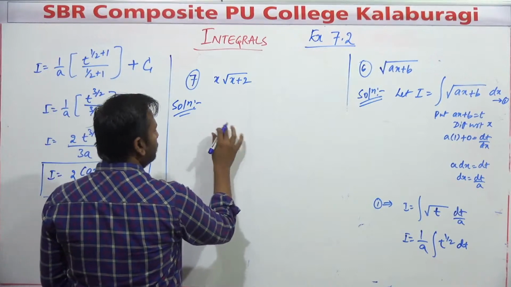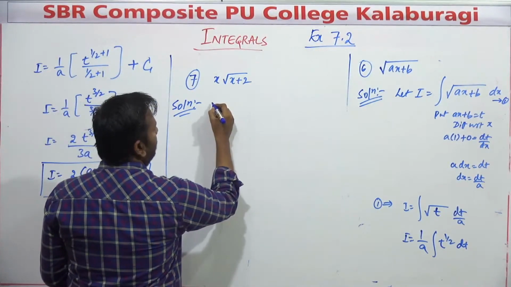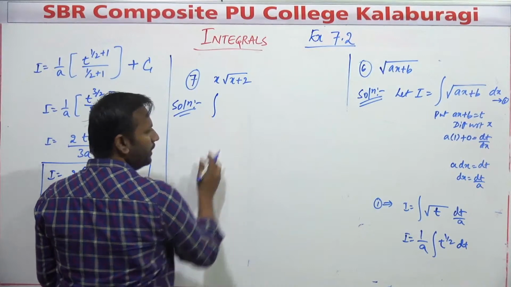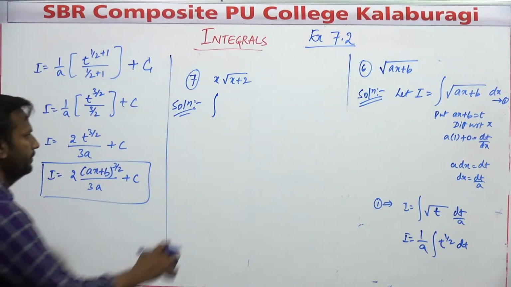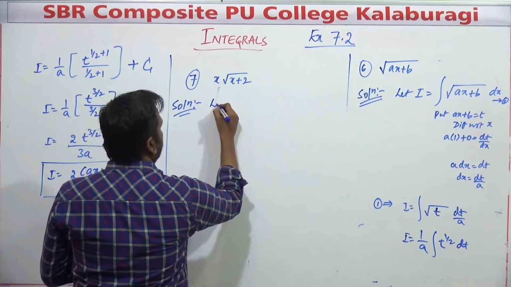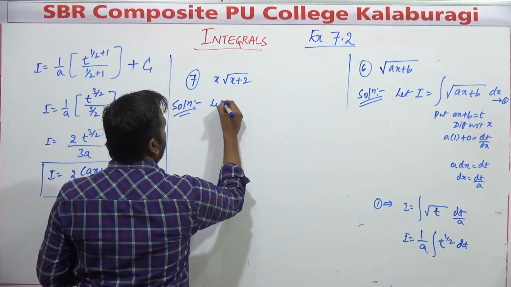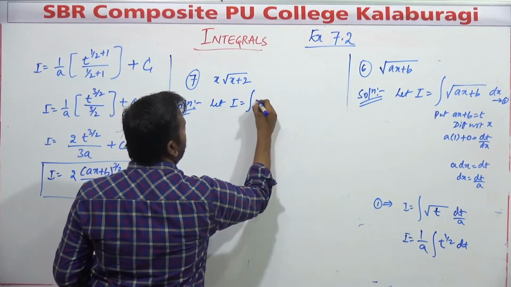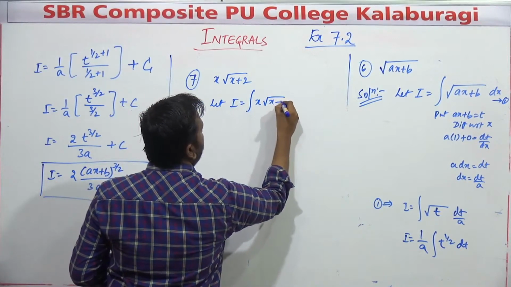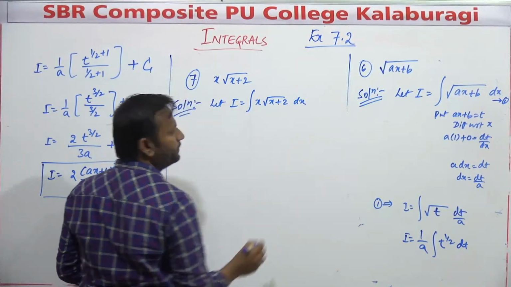So what do we have to do now? Put integrate. Whatever the question may be, consider it as I. Let I equal to integration of x times root of x plus 2 dx.